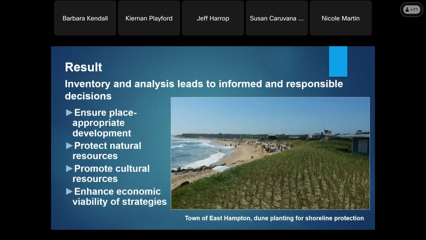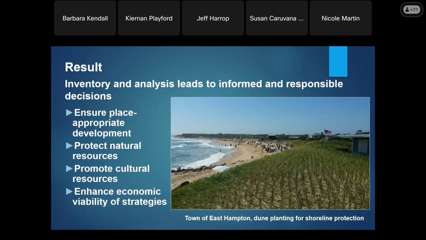So the result is that your inventory analysis can lead to responsible decisions informed by the data that you have collected. And this helps ensure that your community can make place-appropriate decisions for development, taking into consideration the complex conditions that exist in your community, protect your natural resources that are important for environmental well-being, but also contribute to the economy and to recreation activities.